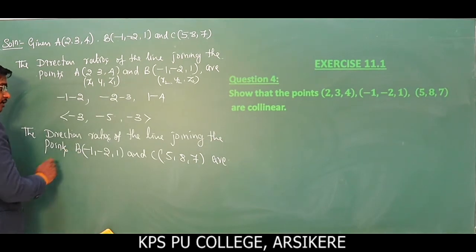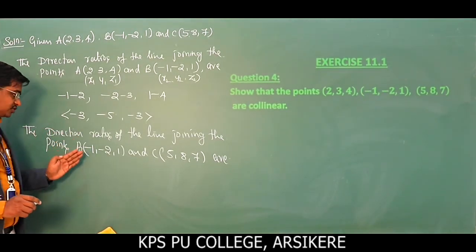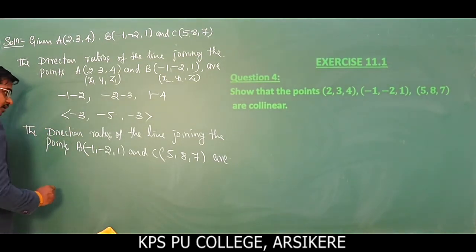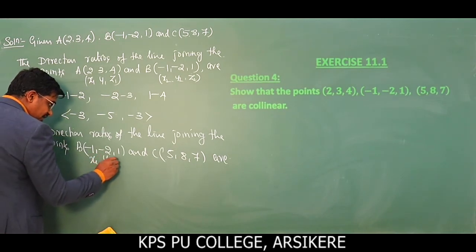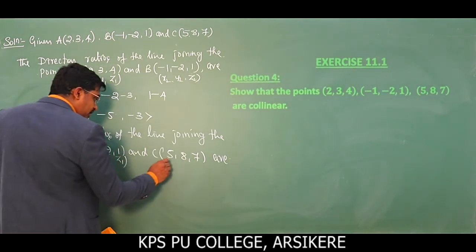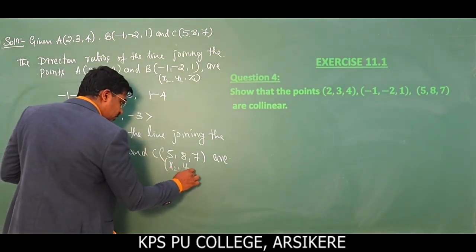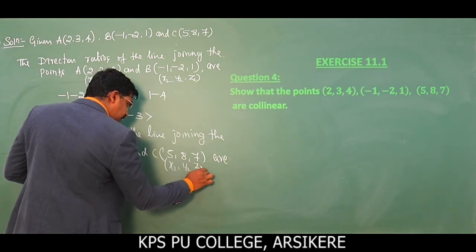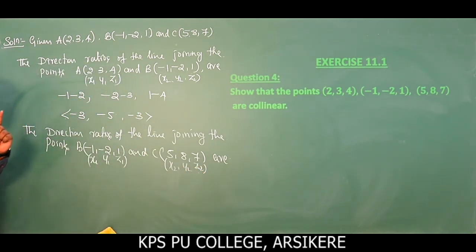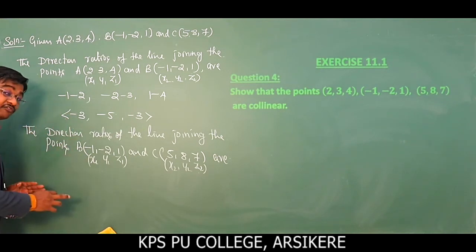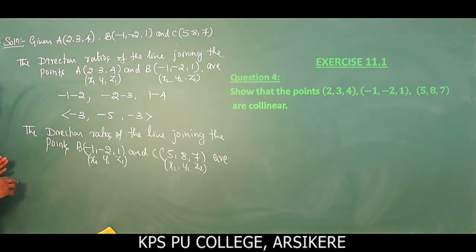Take the first point as x1, y1, z1 and the second point as x2, y2, z2. What is the formula? x2 minus x1, comma, y2 minus y1, comma, z2 minus z1.